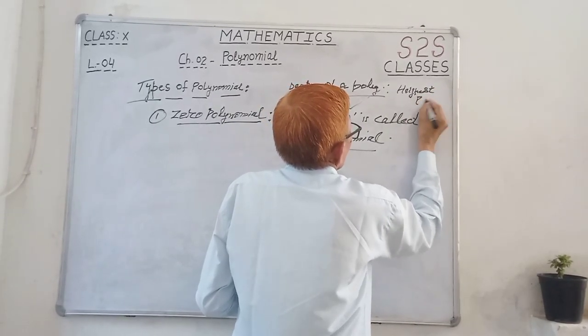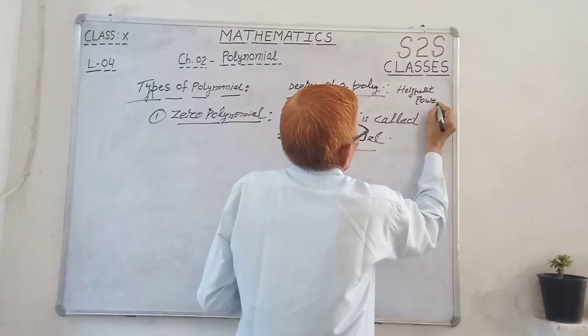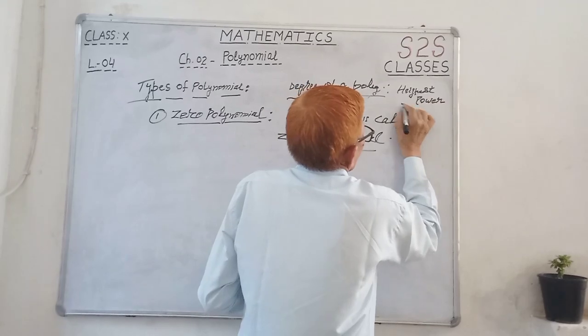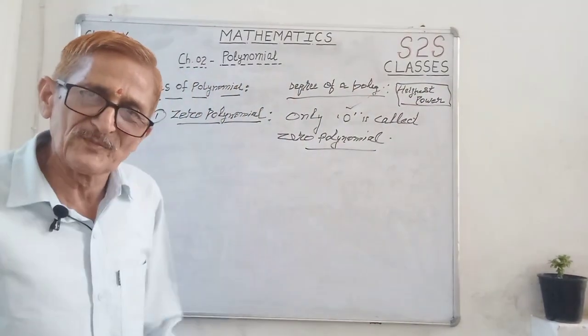Highest power in that polynomial is called the degree of the polynomial.